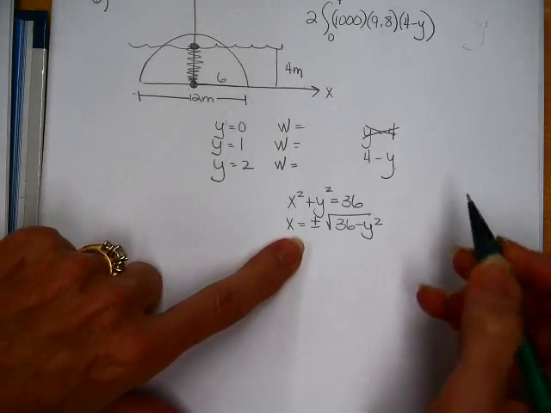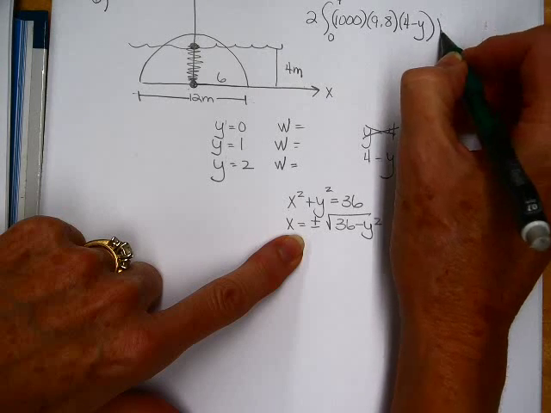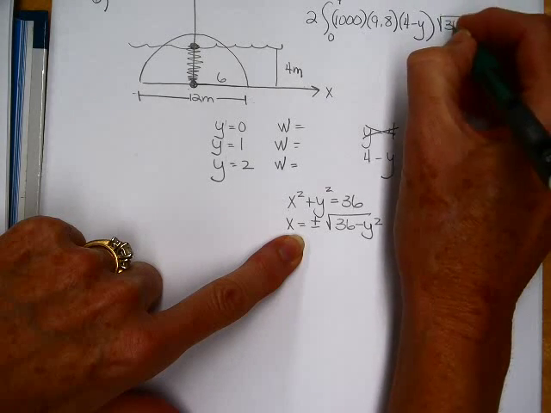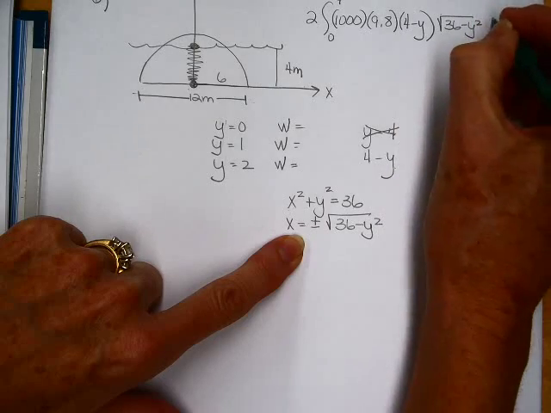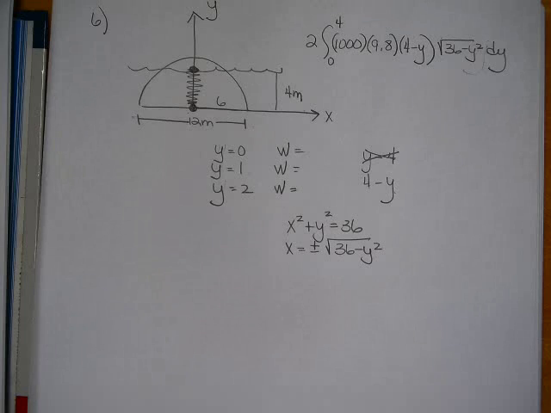We're looking at the positive square root. So the square root of 36 minus y squared dy. And that should give you the force. Seem easier that time? But if you have a circle, please put your origin at the center. Please, please, please. Otherwise it's way too hard.